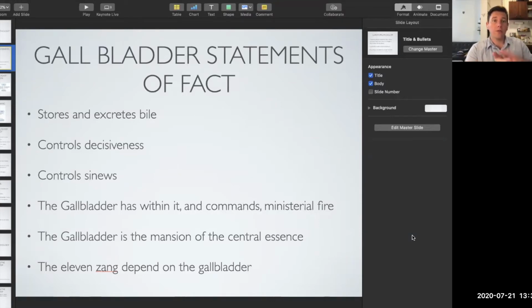This is like moving from water to wood function, that's the yang aspect of wood, which is the gallbladder, which partially answers your question in a non-muscular way, Allison. The gallbladder is the yang aspect that starts this, the liver being the yin kind of continues it. So the 11 zong depend on the gallbladder as a motive force behind everything else.